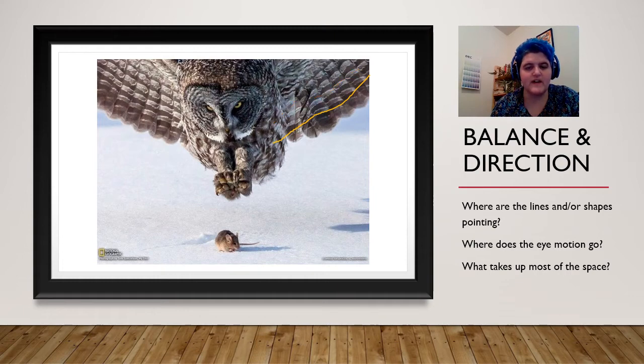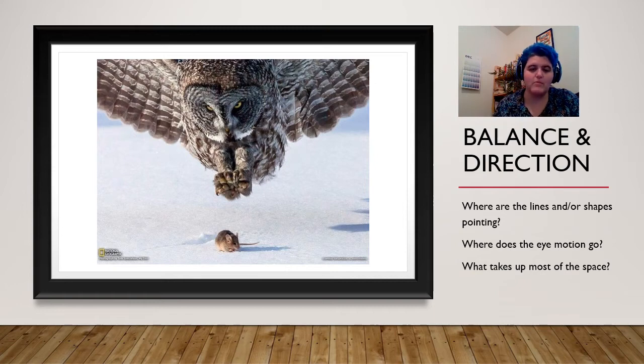And the shape of the owl is a large triangle, right? The shape of the mouse is a small circle. And we have, again, circle is cuddly, triangle is sharp. And we have, again, the distinction there. And if we look at the space, the owl is taking up a lot of the space in the picture.